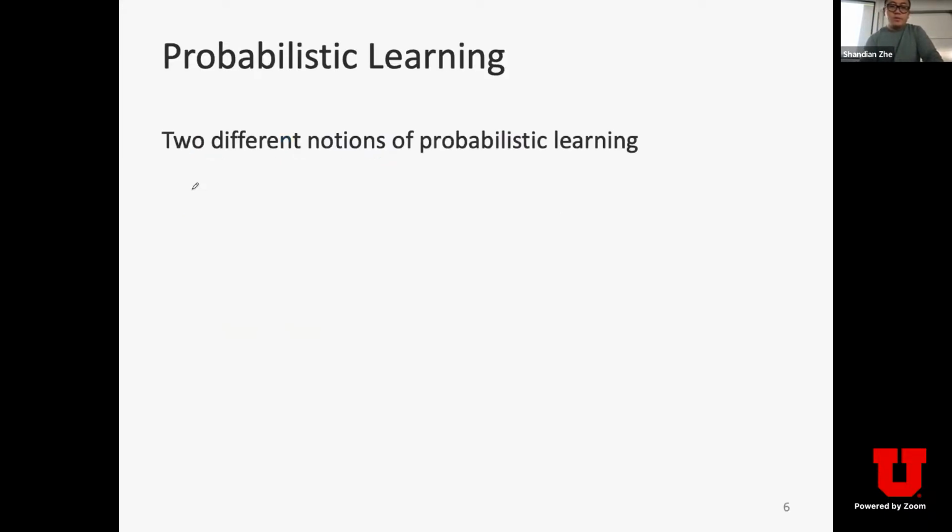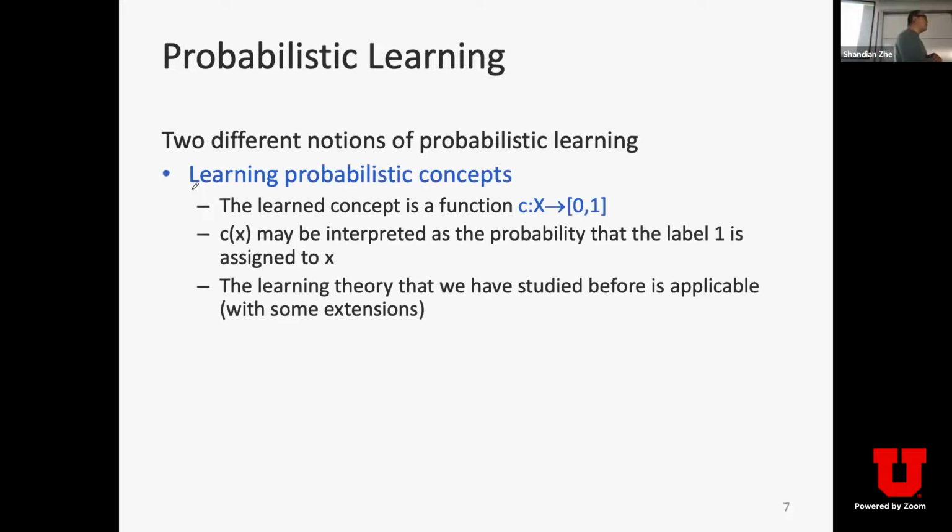First, what is Bayesian learning? As we mentioned, we're going to introduce two different notions of probabilistic learning. Let us first look at the first notion, which is relatively more straightforward: to try to learn a probabilistic concept. What does that mean?